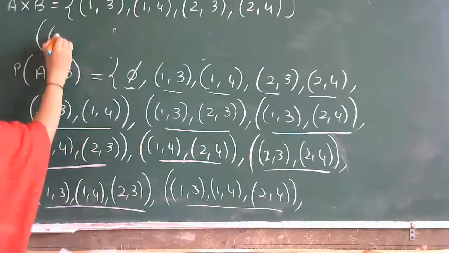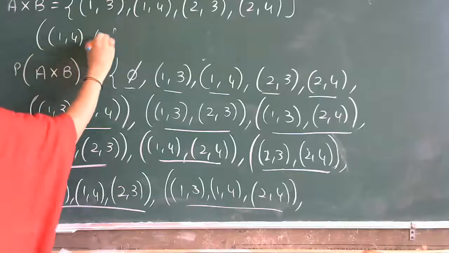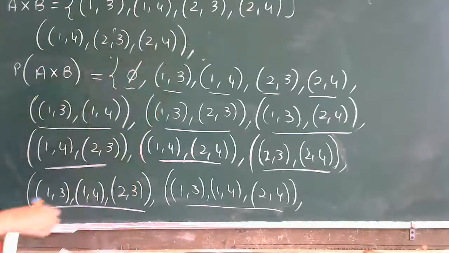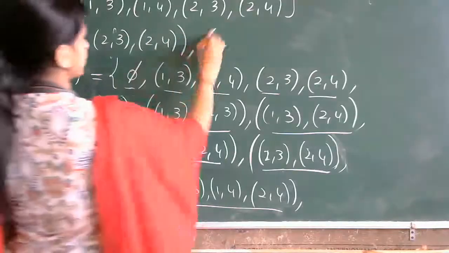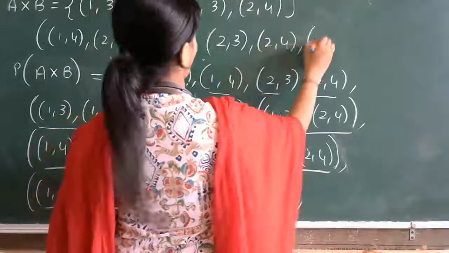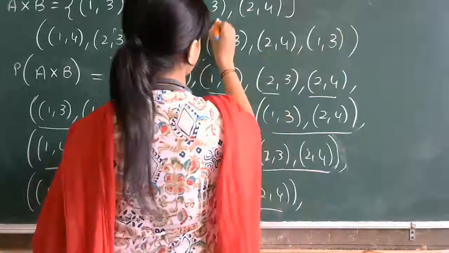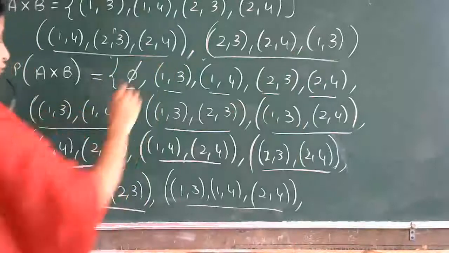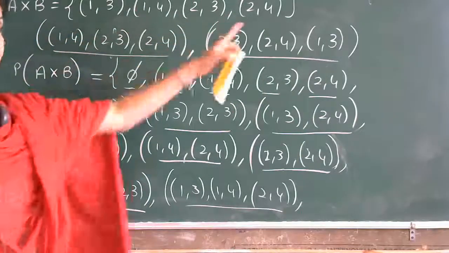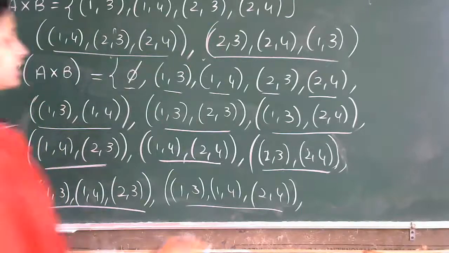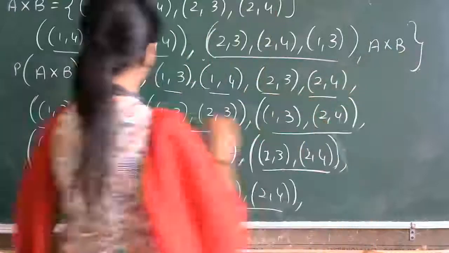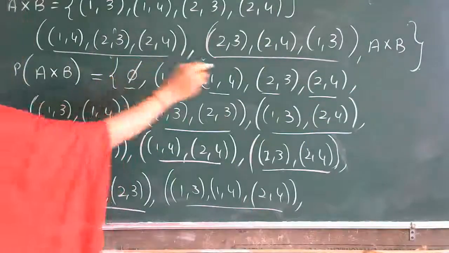Next what you'll have? 1 comma 4, 2 comma 3, 2 comma 4. Next 2 comma 3, 2 comma 4, 1 comma 3. So 4 ordered triplets we got. And lastly you will write the whole set. That will be whole Cartesian product A cross B. So starting with here, you will end up here.